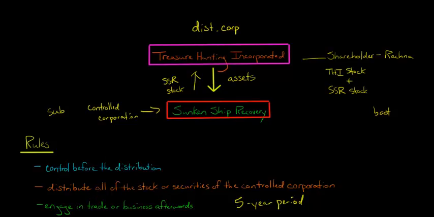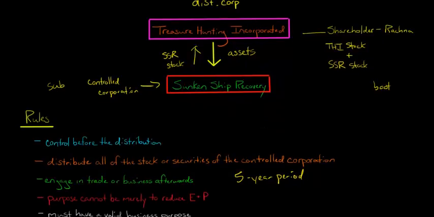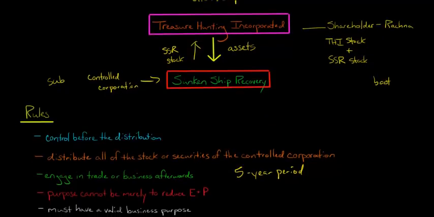You can't just spin off a corporation and say, oh, here's our corporation, it's just got 50 million cash, but it doesn't do anything. That doesn't count. In this case, with sunken ship and treasure hunting, they have to be engaging in some kind of trade or business. And the purpose of the transaction can't be simply to reduce earnings and profits.